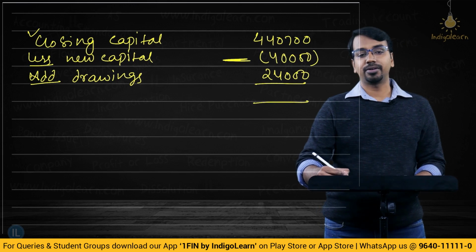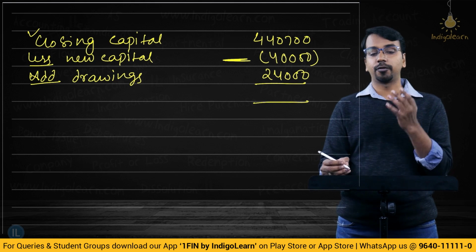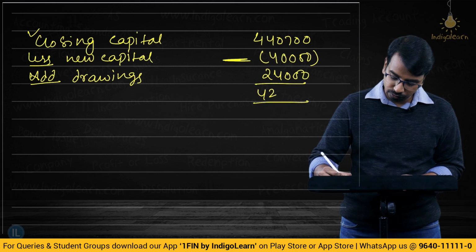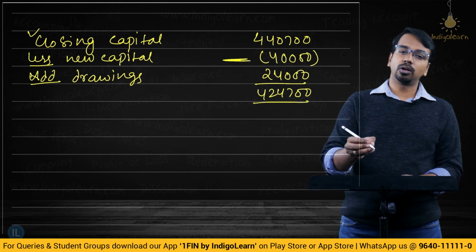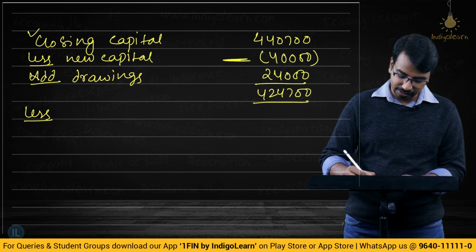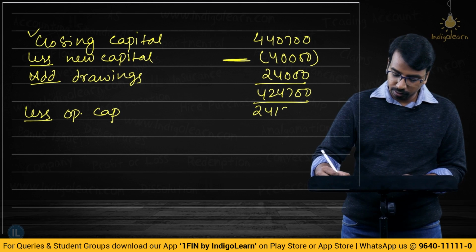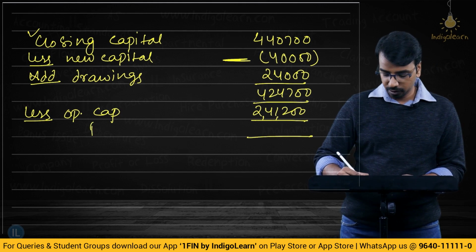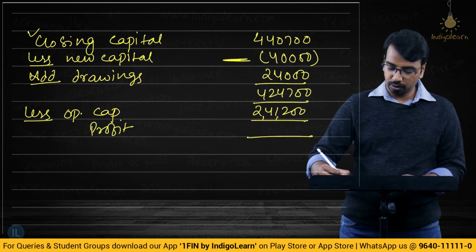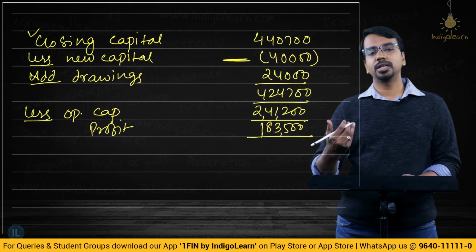So 4,47,000 minus 40,000 is 4,07,000 plus 24,000, you get 4,24,700. This you can compare with your opening capital. So less opening capital 241,200. This difference will give you the profit of 1,83,500.